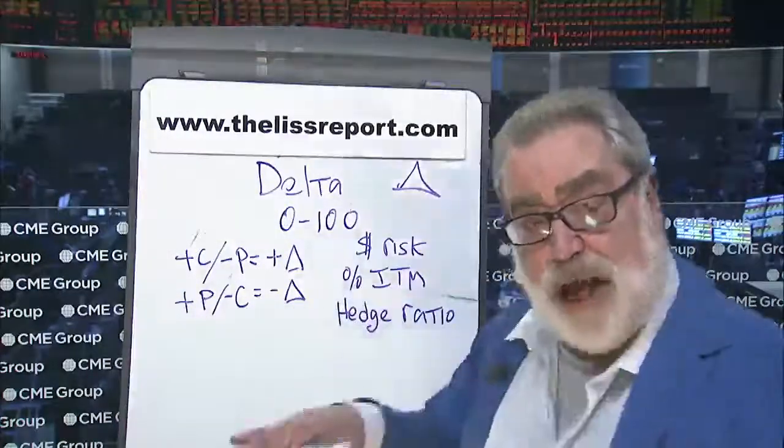Delta also, each option's delta reflects its percent chance of finishing in the money. So a super deep in the money option will have a delta very close to 100 because it's almost certain to finish in the money. And a way far out of the money option will have a delta close to 0 because it's unlikely to get in the money.